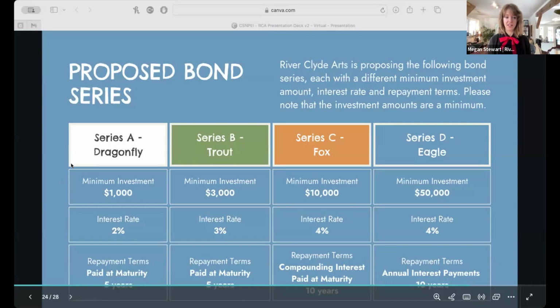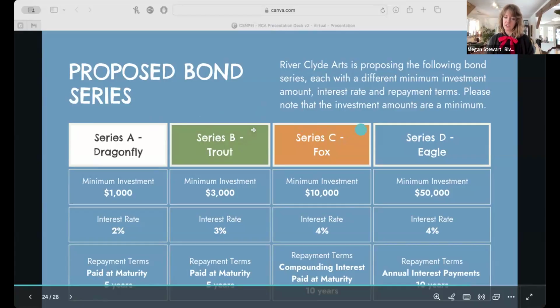The other thing I'll say is that $1,000 is a minimum investment, so if you wanted to invest $1,010, that's fine. Then there's Series B, where the minimum investment is $3,000. There's a 3% interest rate, and it's paid at maturity in 5 years' time.